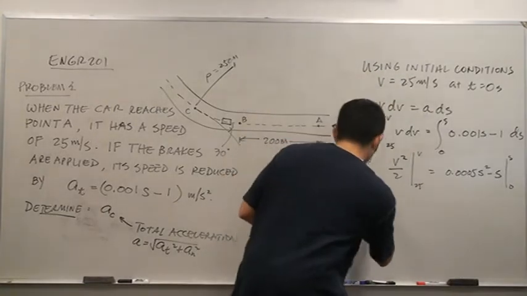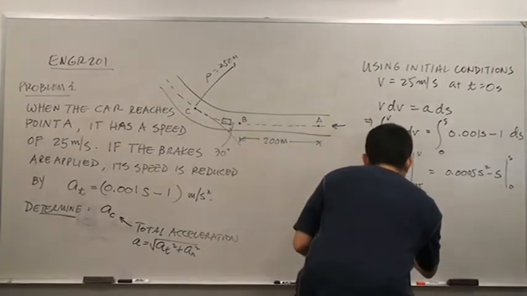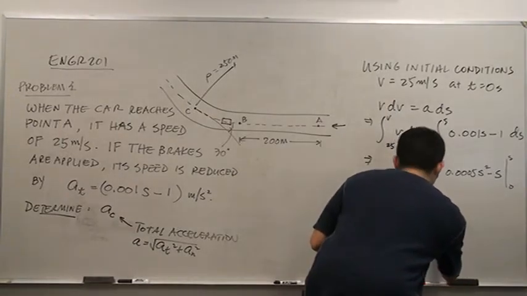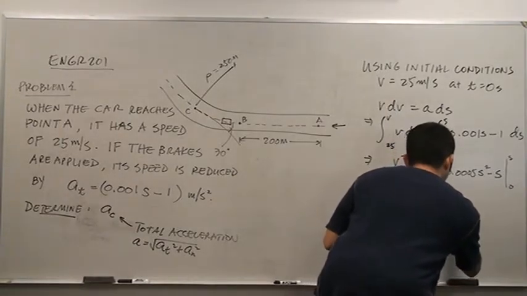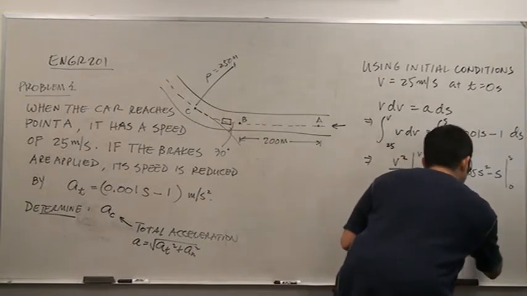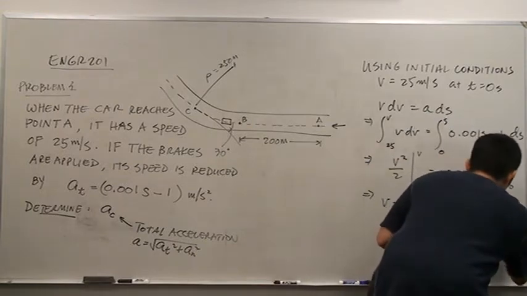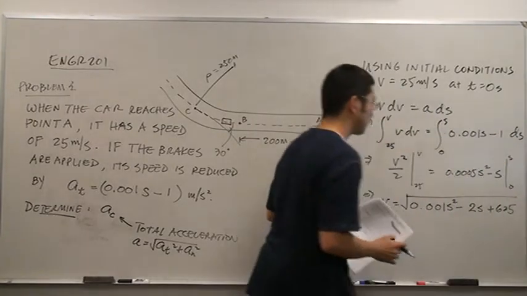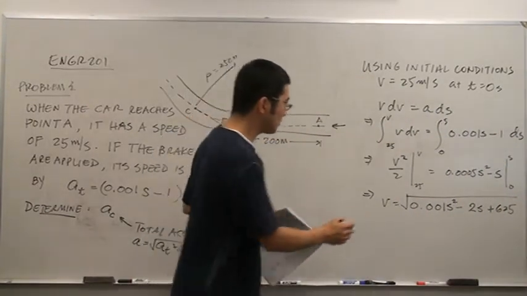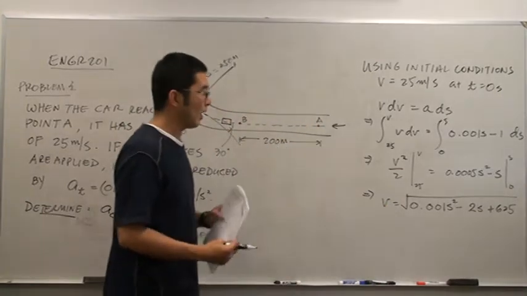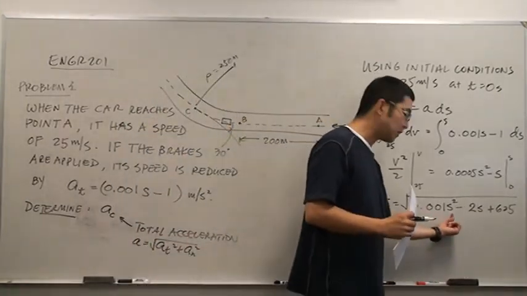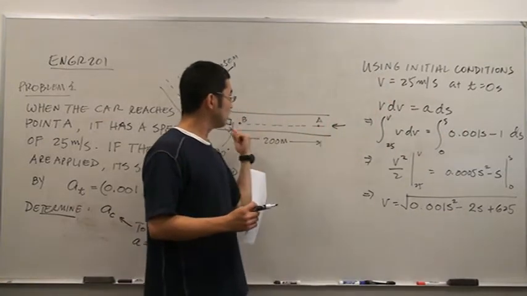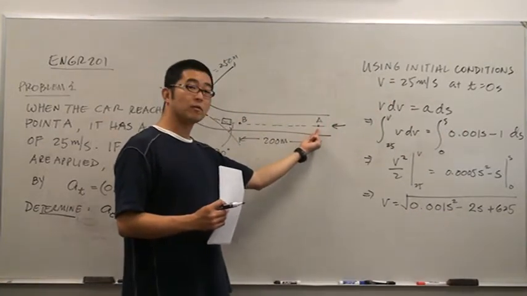Okay? So if you simplify, you get an expression: v is equal to the square root of 0.001 s squared minus 2s plus 625. Okay? So this is the expression for velocity at any displacement downstream from point A. Starting from point A, we start to count the displacement.